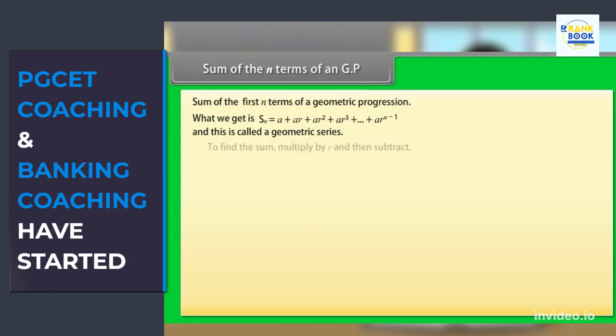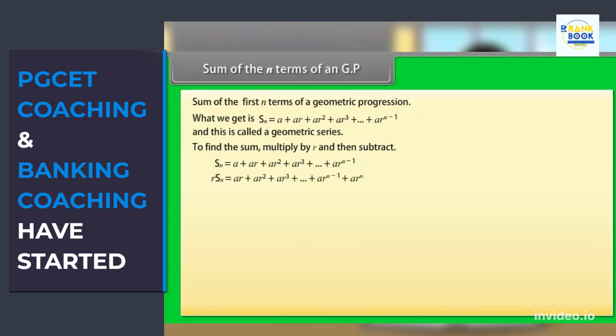Now the trick here to find the sum is to multiply by r and then subtract. We get Sn minus r Sn is equal to a minus a r raised to the power n.